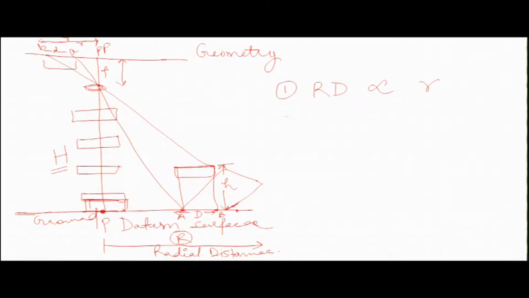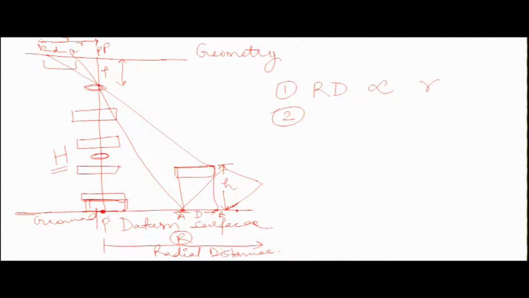Okay. Number 2, suppose the same building that we are looking from this altitude, and the same building we are looking from this altitude. Okay. What will happen? This will have more coverage over the photograph. Okay. This building will have more coverage over the photograph.